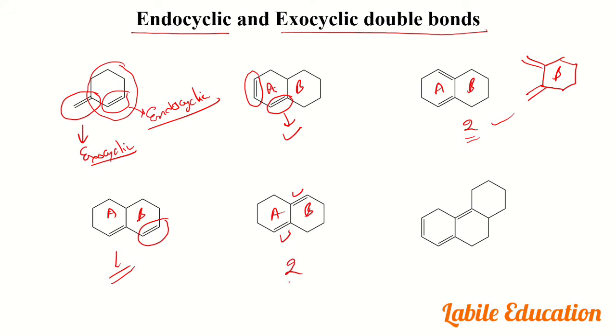So there are two exocyclic double bonds. Here you can see this is the endocyclic double bond and this is exocyclic. Suppose we mark all three rings A, B and C, and this double bond is exocyclic to B ring, and this double bond is exocyclic to A and B. So the same double bond is exocyclic to two rings, so it will contribute plus 10 nanometer, and this exocyclic double bond will contribute only plus 5 nanometer.